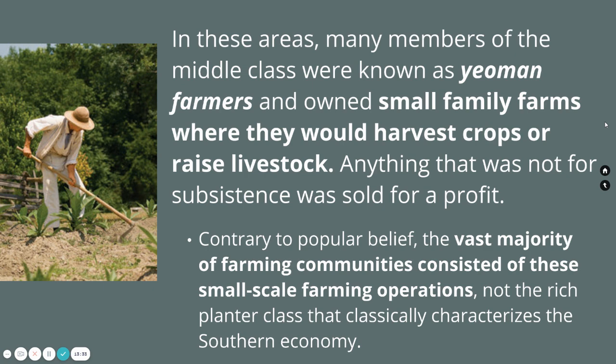Some of them were able to hire day laborers and just pay them a daily wage for the work that they did. And also, some of them were able to purchase one or two enslaved people on their plantations. But the vast majority of them, if they did have enslaved people, those numbers were incredibly low. A lot of these individuals were working on these farms on their own, with their family members, neighbors, etc.